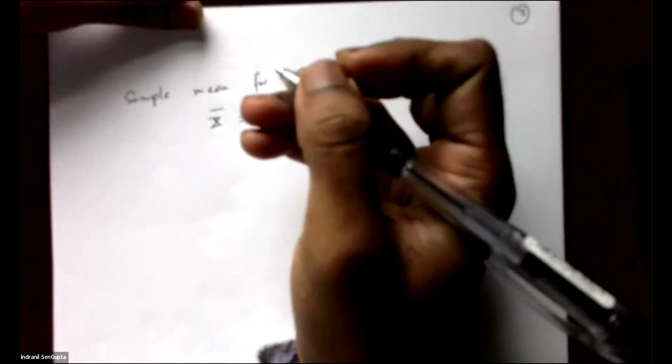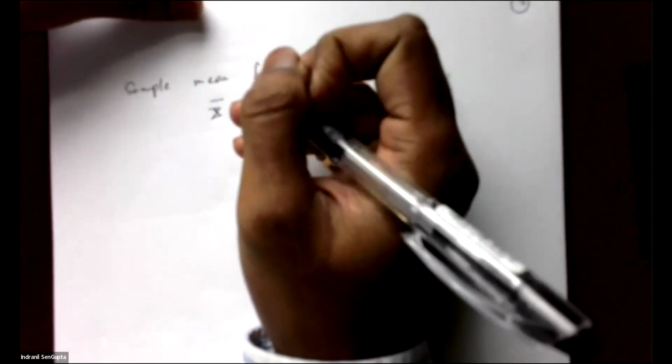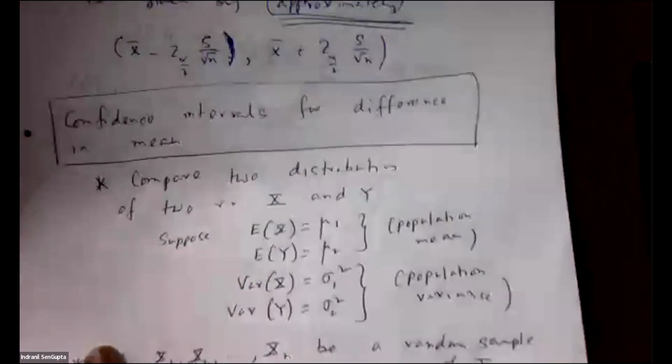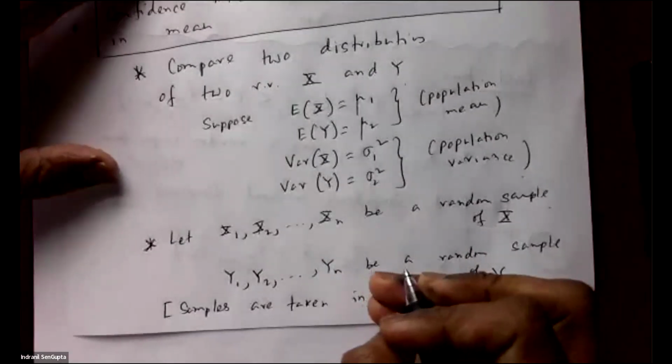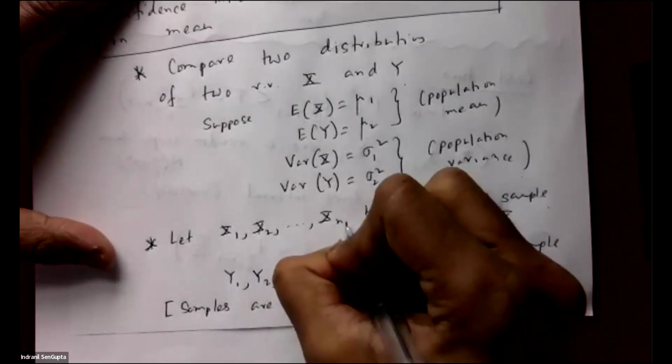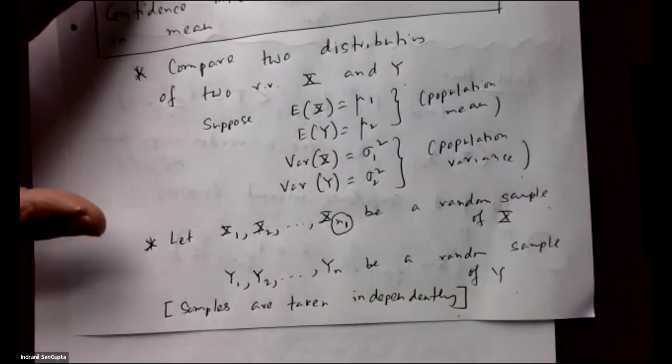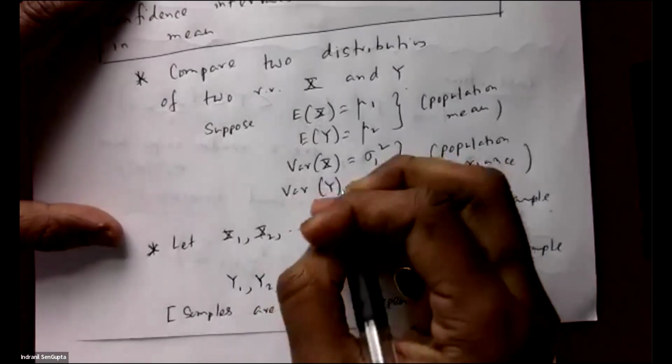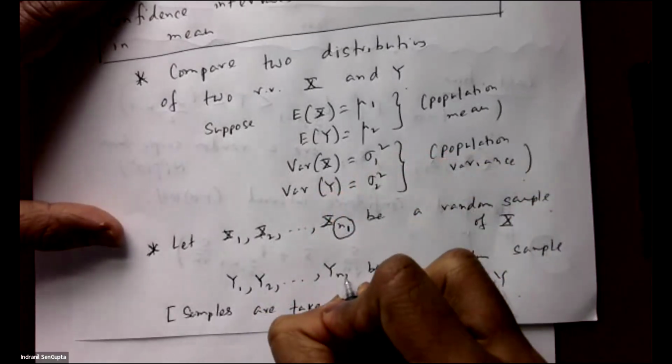Let's make this a little different: suppose we have n1 samples for x and n2 samples for y.